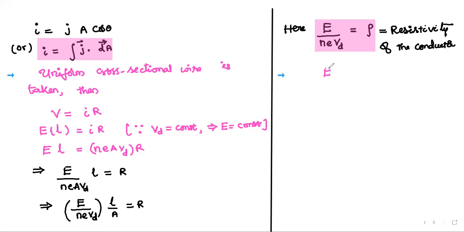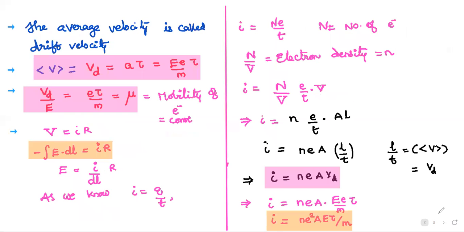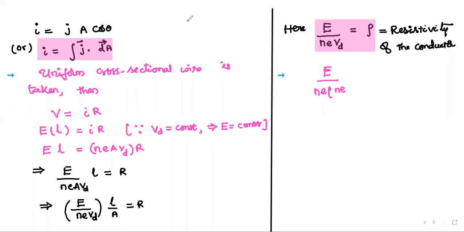Are you following, Nana? Divided by nEVD. Okay, let us substitute VD for you. Correct? VD equals eE by m into tau.